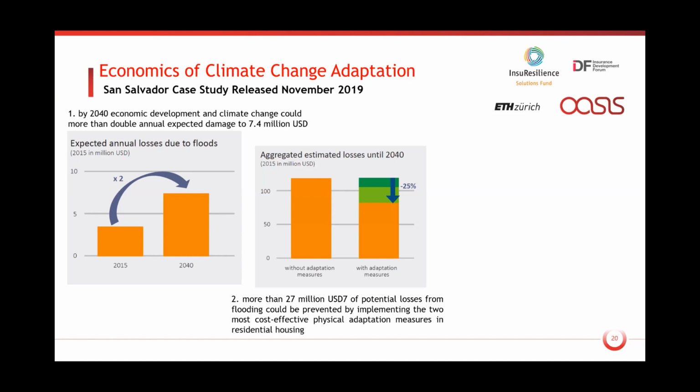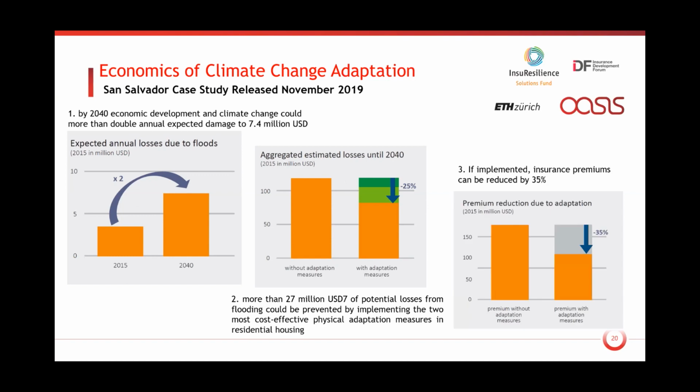It would cap them and bring them down by 25%. So in 2040, we would expect the aggregated estimated losses to be over $100 million on the left, but actually if you do implement these adaptation measures, that would be reduced by 25%.